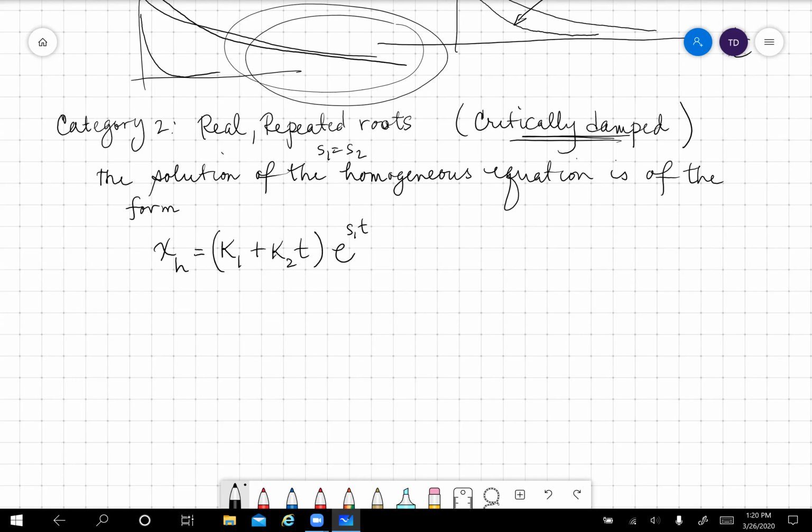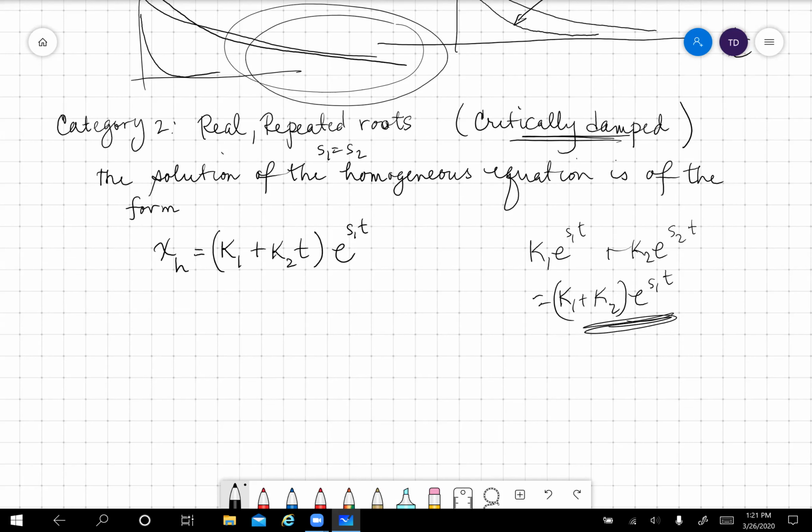So normally what we want to do is the following. We always want to take K1 e to the S1 t plus K2 e to the S2 t, but S1 and S2 are the same. So this would be nothing more than K1 plus K2 times e to the S1 t. And that's only one term. There's always going to be two terms for a second order differential equation. So there needs to be a second term.